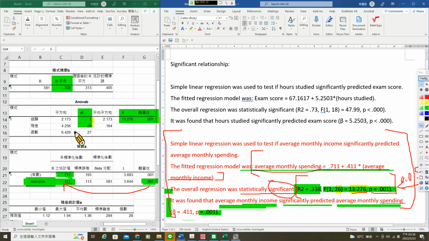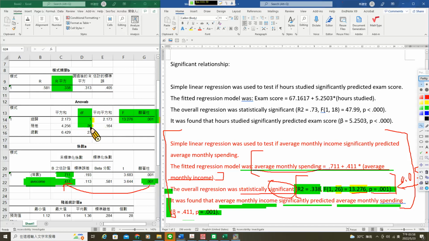And now let's look at the regression and procedure. So the number here divided by 1 is 2.173. And this number, the sum of squares, the variance here, is 4.258 divided by degrees of freedom 26, which gives this number.